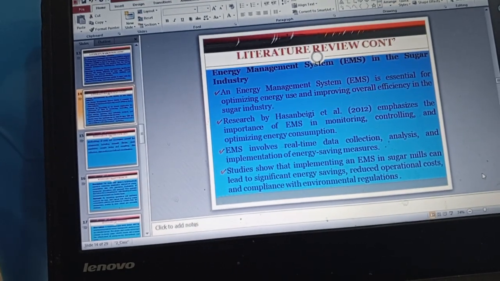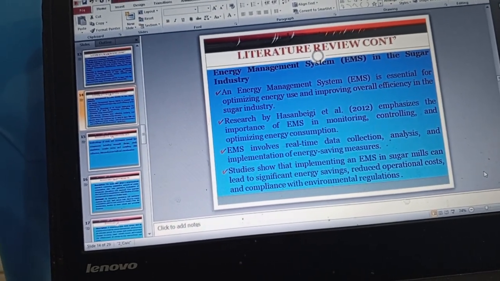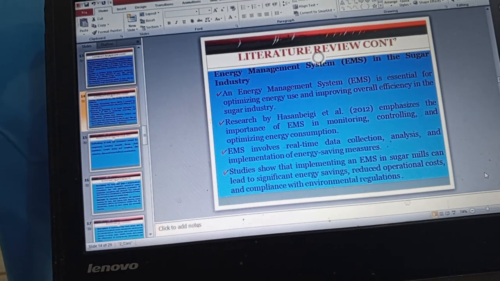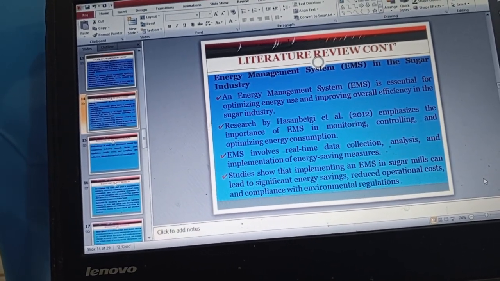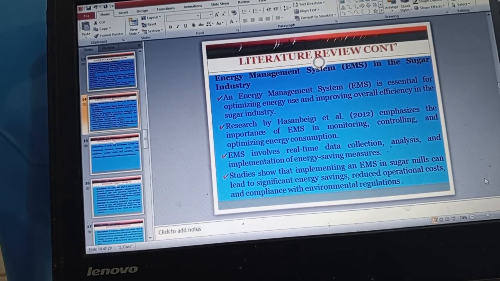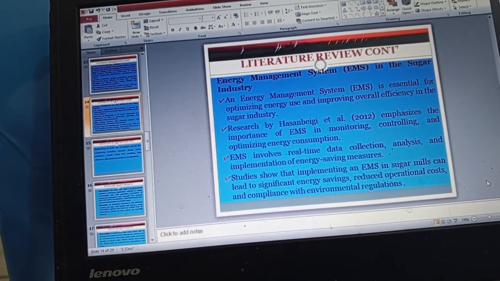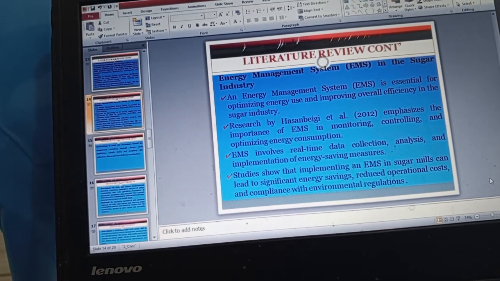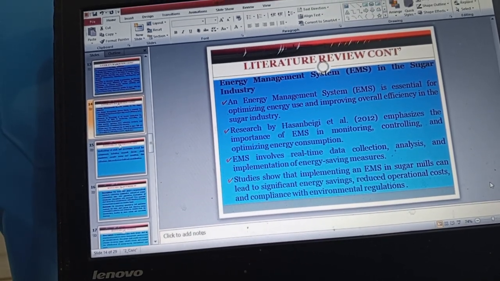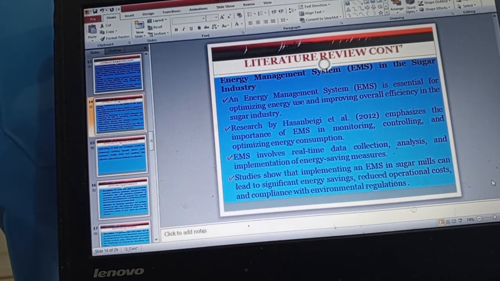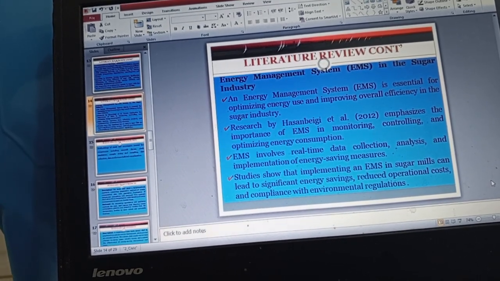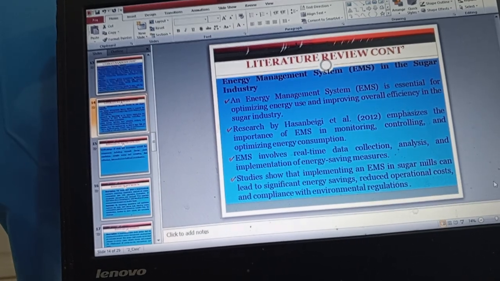Then on the energy management system in the sugar industry, an energy management system is essential for optimizing energy use and improving overall efficiency in the sugar industry. Research by Ansar Bay emphasizes the importance of energy management systems in monitoring, controlling, and optimizing energy consumption.